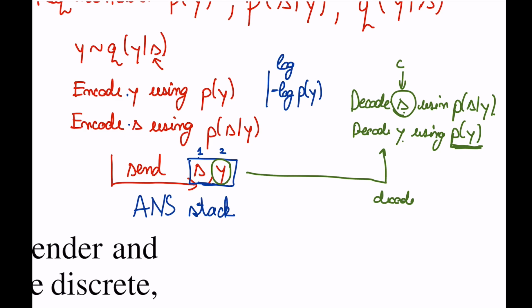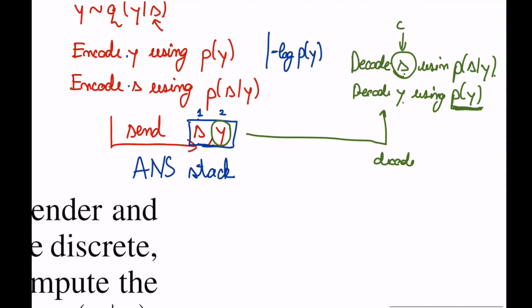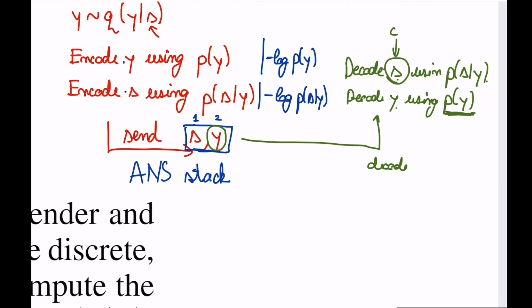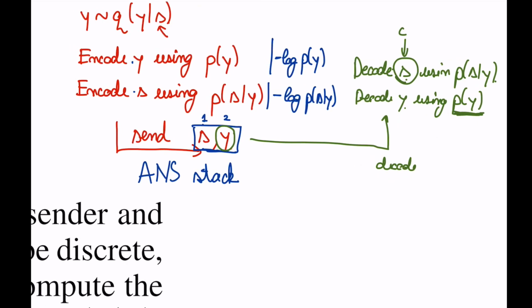It's basically the logarithm of 1 over P of Y, which if you translate it gives you minus that. So this is how many bits we'll need on average to send a Y. Now given a Y, sending S is going to take minus logarithm P of S given Y. And we needed this many bits to send.